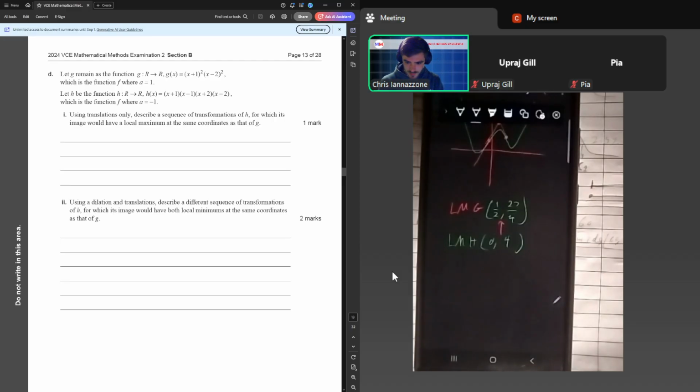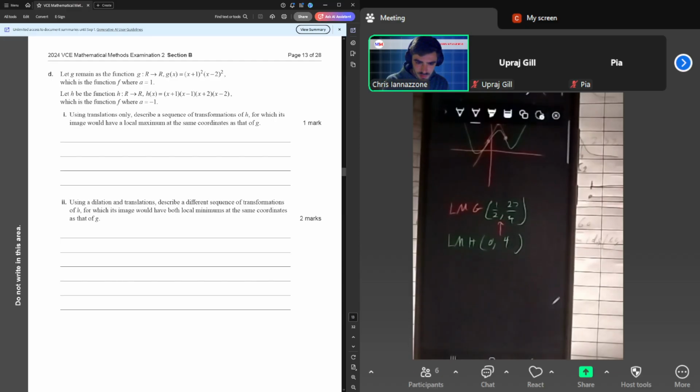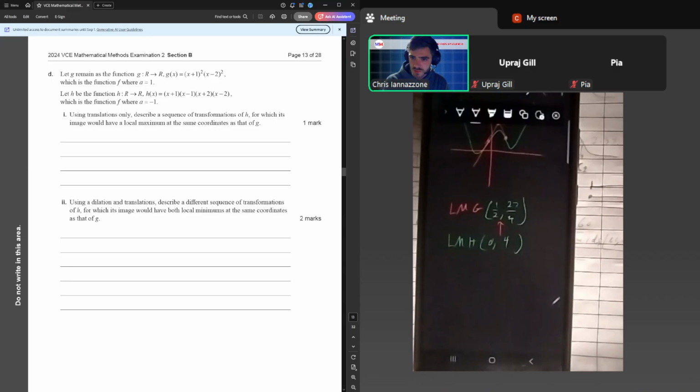Half unit left and 11 over 4 up. Well, it wouldn't be half unit left, because you've got to go from 0 to positive half. Yeah, so right's good for that. And then for 11 on 4 up, seems a bit off. The answer's supposed to be 17 on 16, so let's see what's going on there. So we do the difference between 27 on 4 and 4.